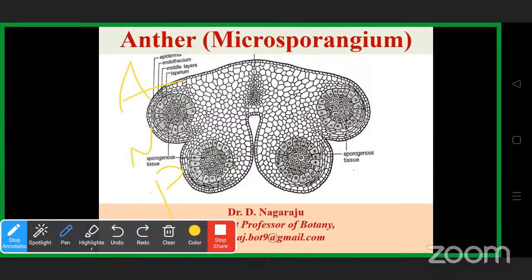Even in artificial classification, Linnaeus. Who is Linnaeus? Carolus von Linnaeus is the father of plant taxonomy. Linnaeus gave binomial nomenclature.